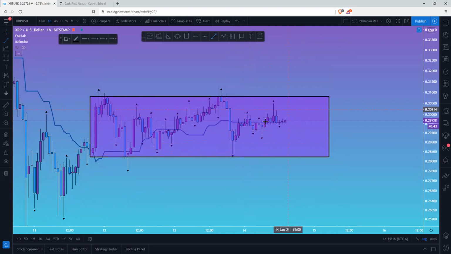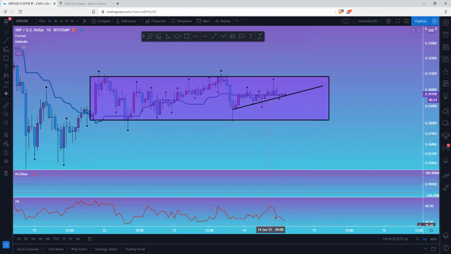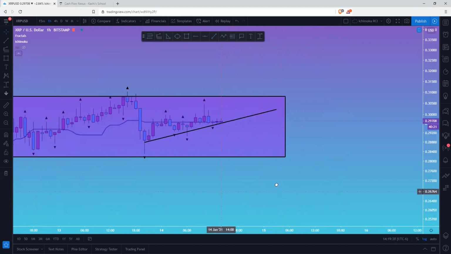What else do we notice about this market? It's very subtle, but it's in plain sight. And I'll give you this one because this is a tricky one. The market's making higher lows. All right. So we draw a trend line here. Let's zoom in a little bit.